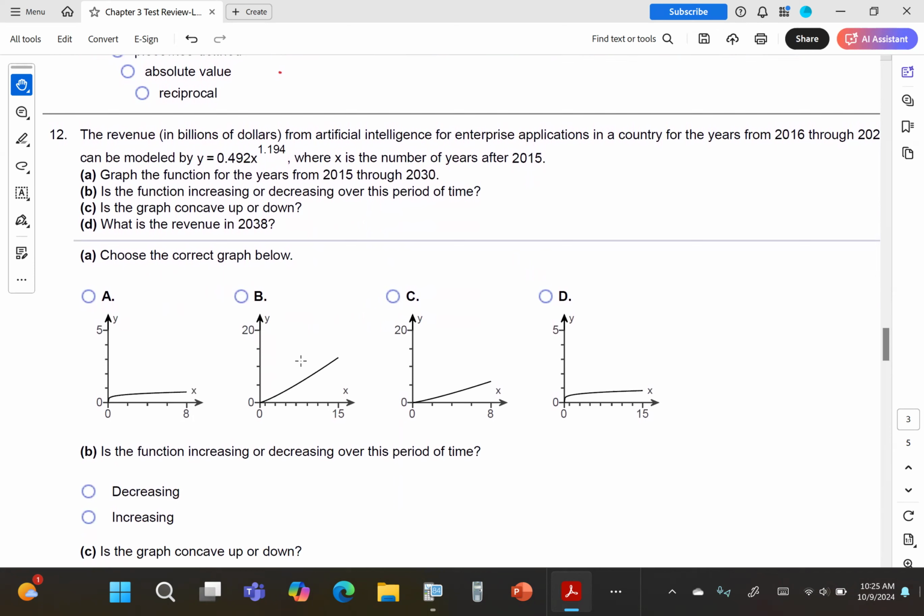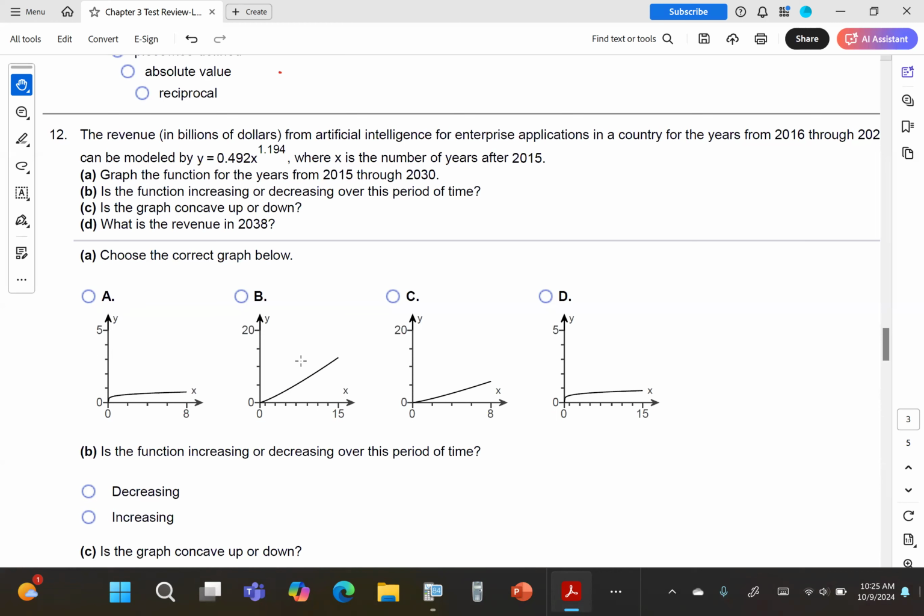All right. The revenue in billions of dollars from artificial intelligence for enterprise applications in a country for the years from 2016 through 2025 can be modeled by y equals 0.49 times x to the 1.194, where x is the number of years after 2015.